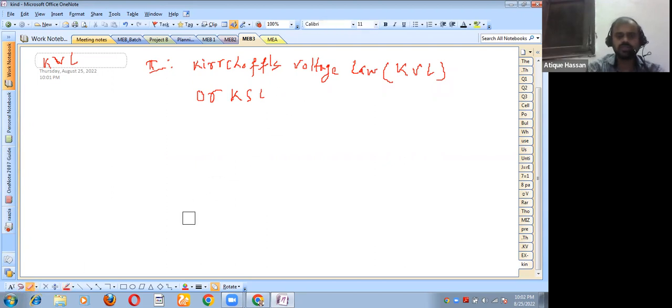So it is Kirchhoff's voltage law or Kirchhoff's second law. It is basically based on conservation of energy.